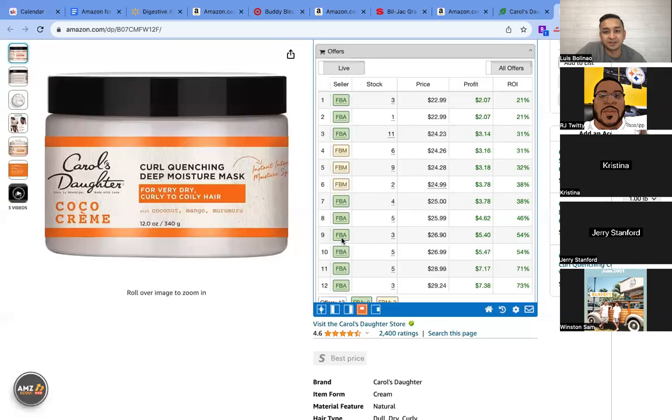Let's see. So Christina's asking, can you get a license to resell and just purchase products at wholesale and sell them? Yes, you can. So wholesaling is another model. It works really well too, except that you gotta buy in bulk. So it makes it a little risky and not beginner friendly because instead of buying 10 pieces and doing a test buy of these products, you're gonna be forced to buy 50, 100, 200 pieces and spend like 5,000 or so per order.